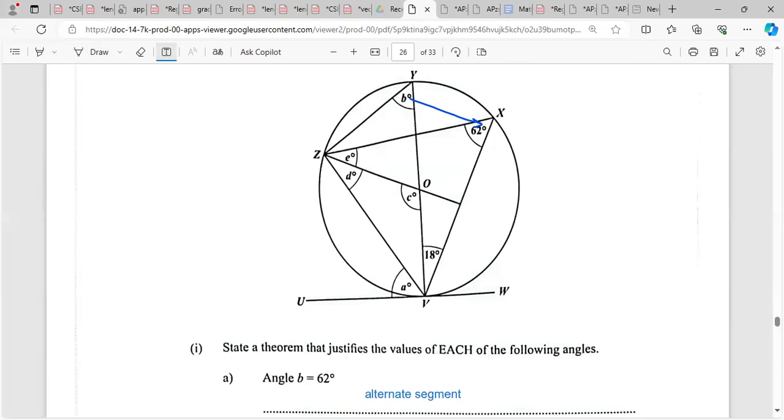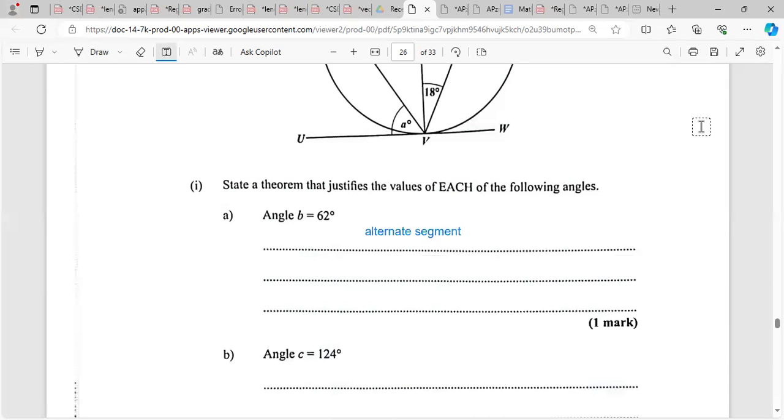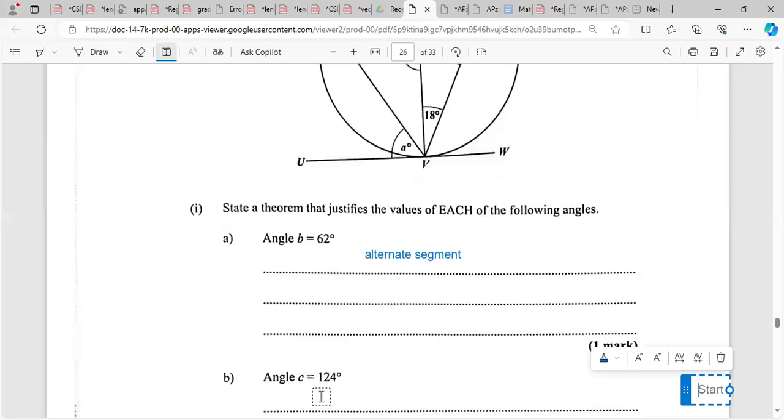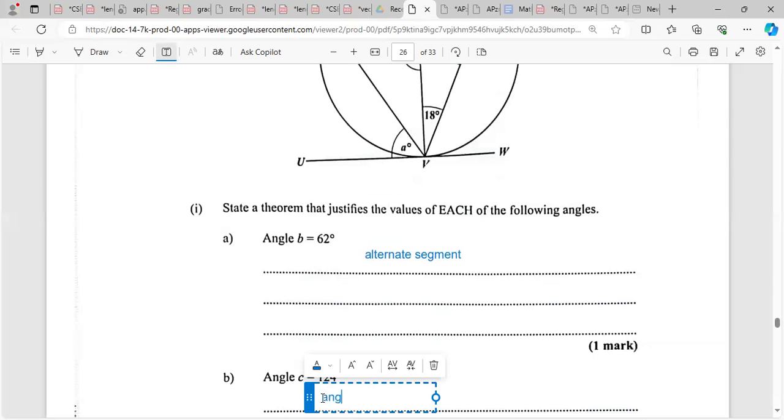Alright, that wasn't bad. Angle C is equal to 124, angle C, which is this right here. Alright, so that's angle at center, double angle at circumference.